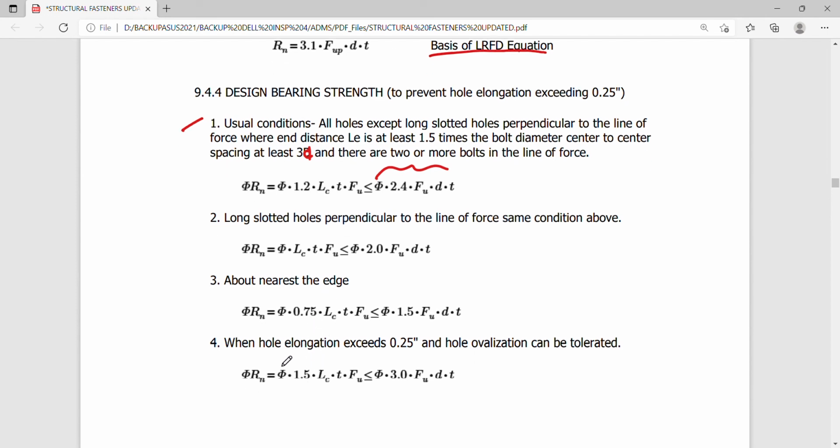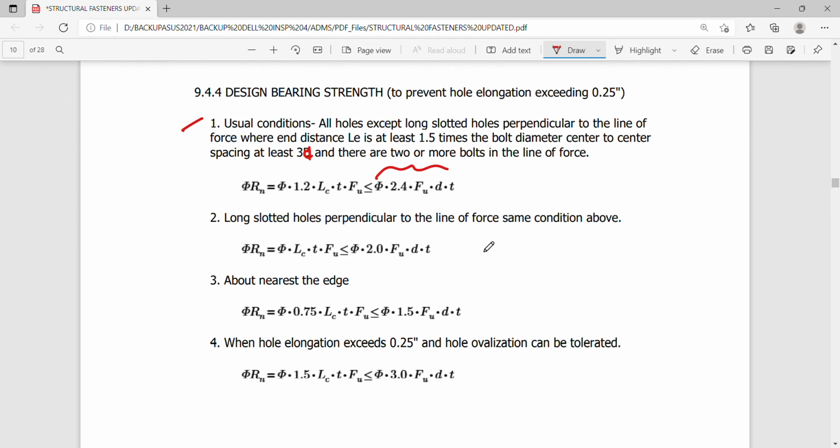And when there's hole elongation exceeding 0.25, okay, so in case this exceeds 0.25 and hole ovalization is tolerated, meaning to say that slip critical is not considered.